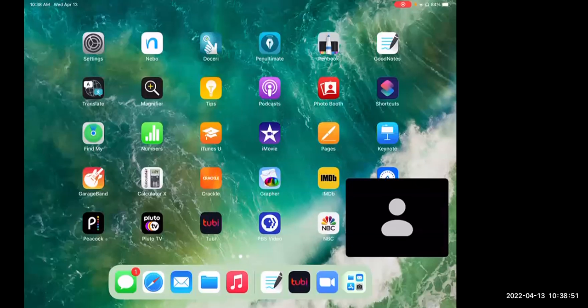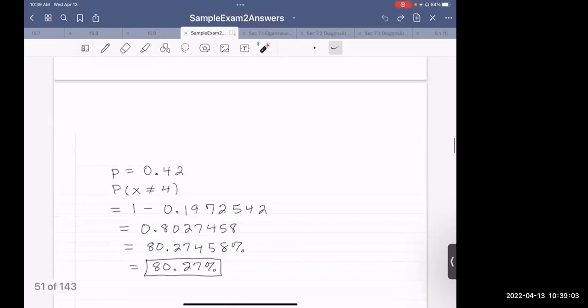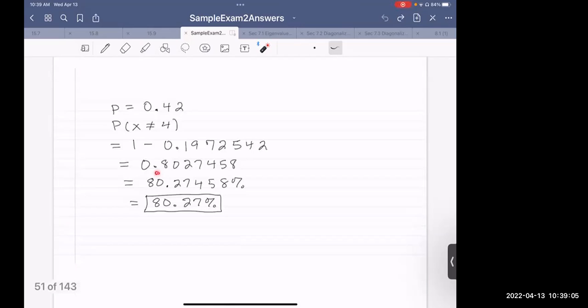So I have here 1 minus the number I just saw in StatDisk Online, 0.1972542, which gives me 0.8027458. Let me move my decimal place 2 places to the right. So 80.27458%. Let's round to the nearest hundredth of a percent, 80.27%.